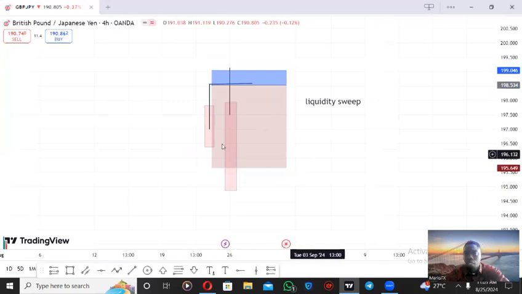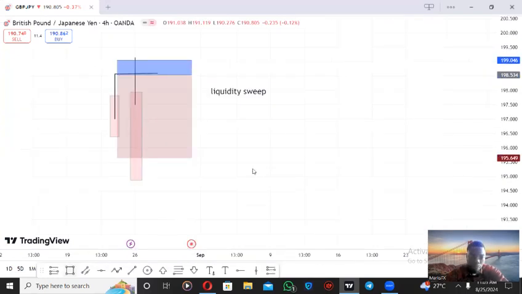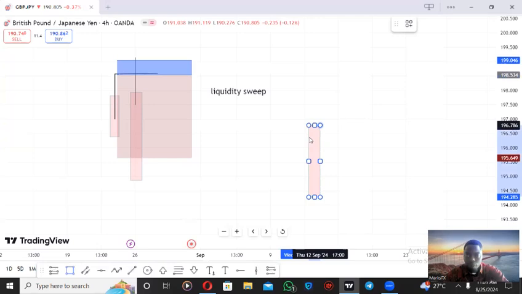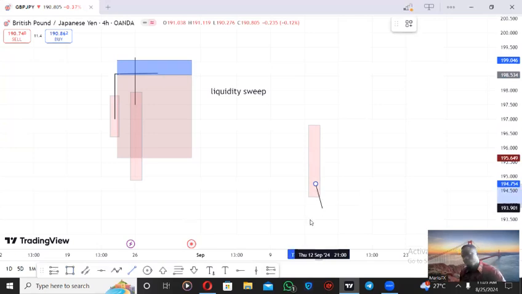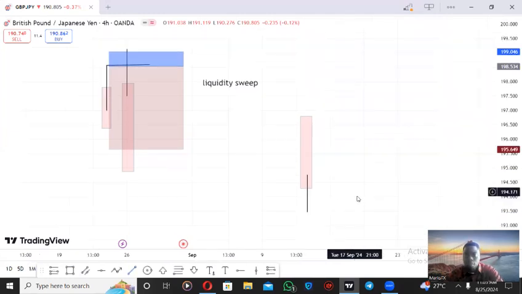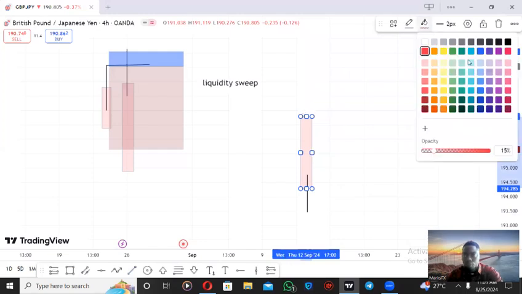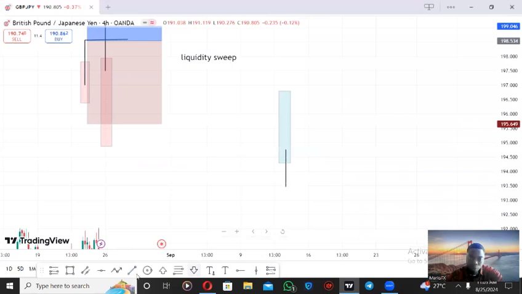Then in a bullish way, you have price pushing up like this. You see a wick here. This is a bullish trend.